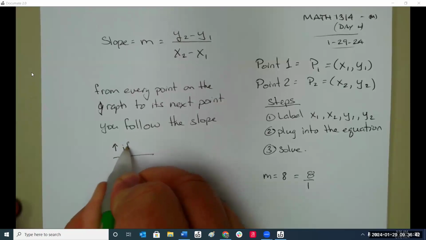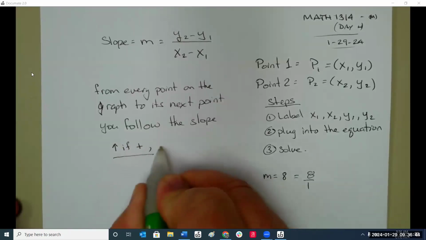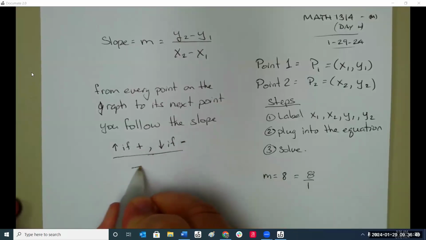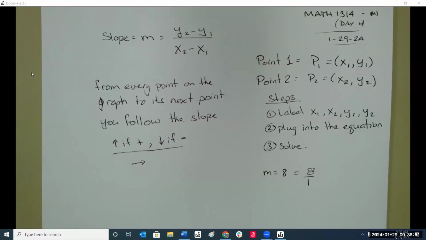Go up if positive, down if it's negative, and always to the right on the bottom.